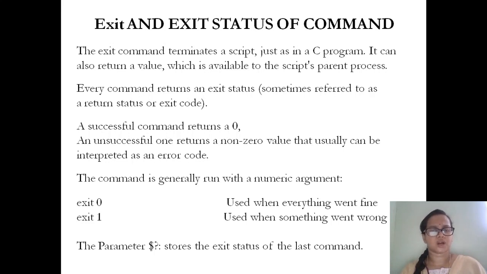A successful command always returns 0, and an unsuccessful command returns a non-zero value that can usually be interpreted as an error code. The command is generally run with a numeric argument: exit 0 is used when everything went fine, and exit 1 is used when something went wrong.